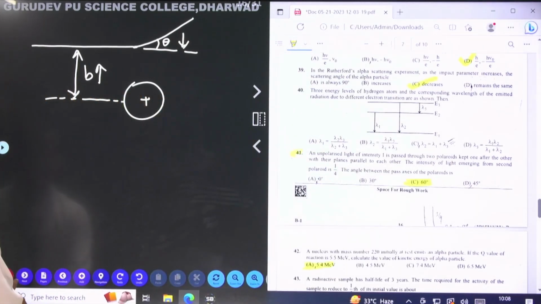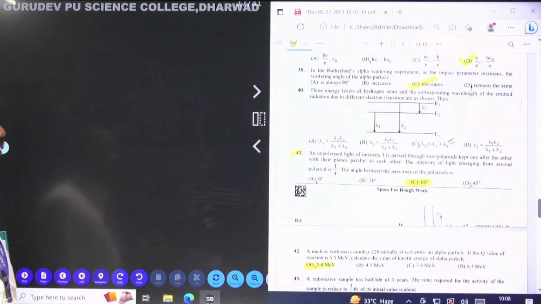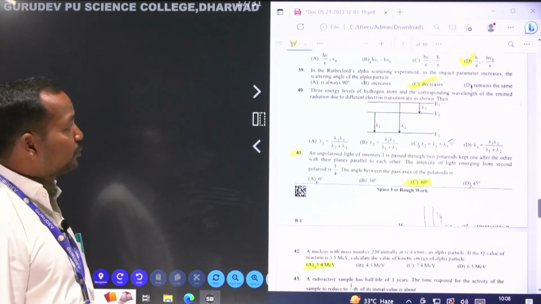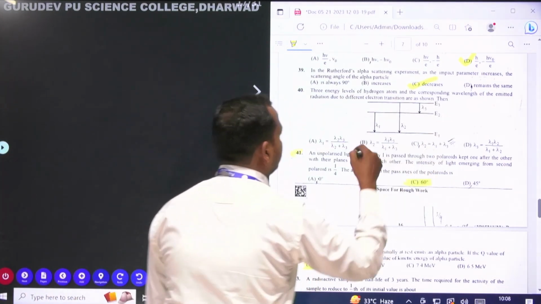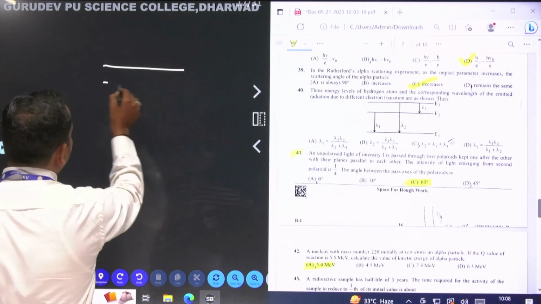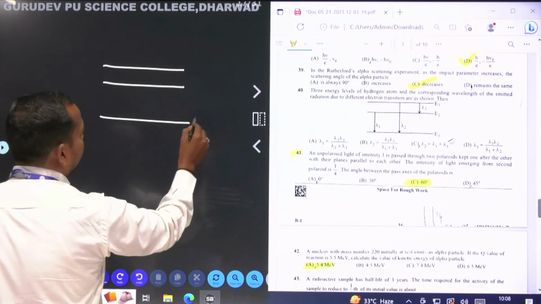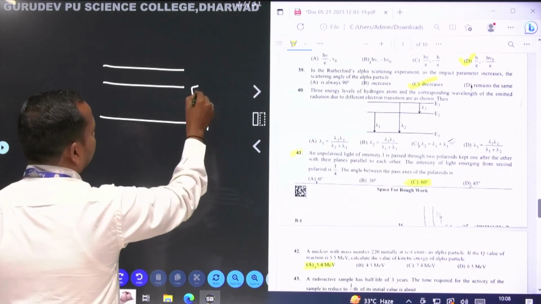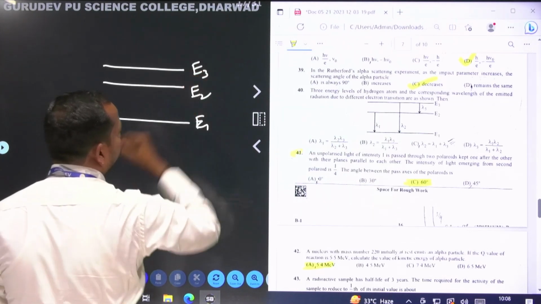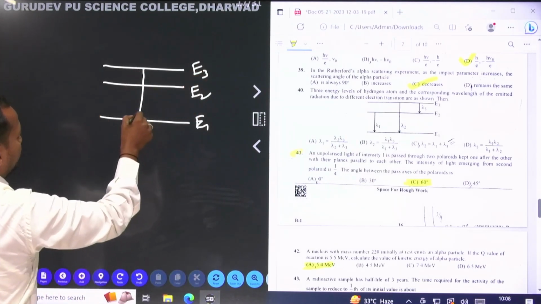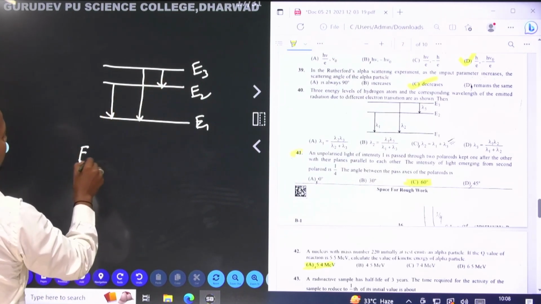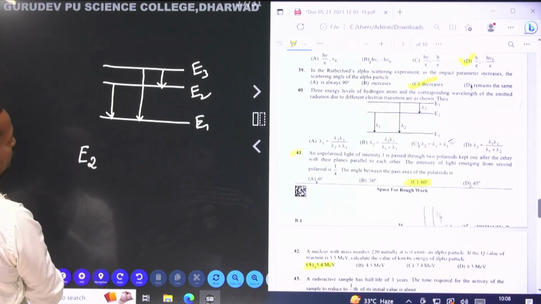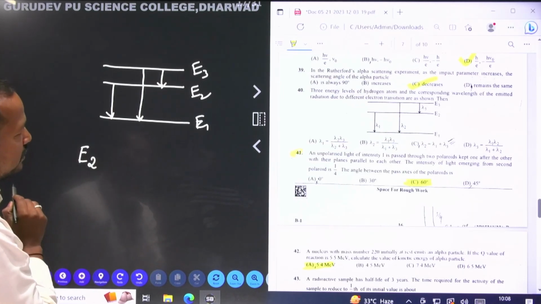Now the next, the 40th question. Here the 40th question is that the energy levels of a hydrogen atom are given and the corresponding wavelengths are emitted. If you observe this diagram, this is energy E1, energy E2, energy E3. Here one line comes like this, another like this, and the third like this.